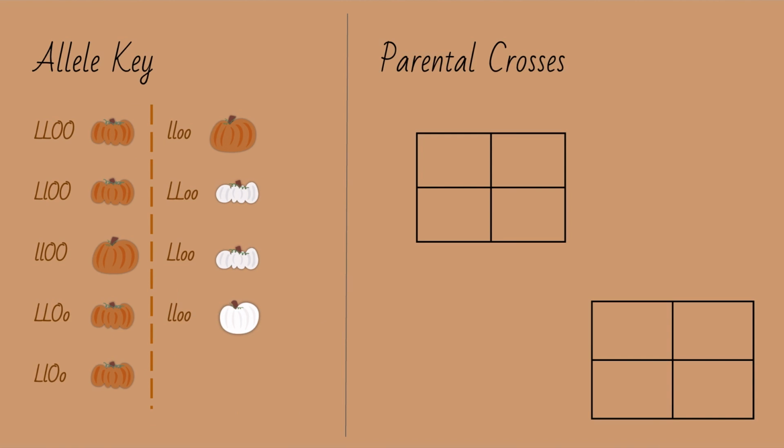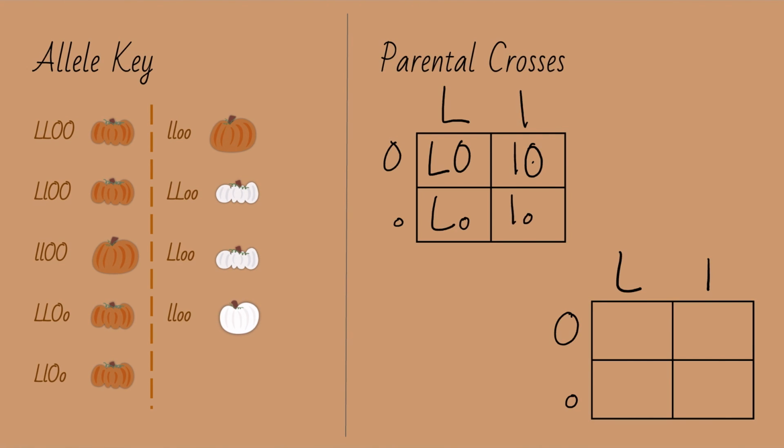Now, we're told that all of our seeds come from parents that are heterozygous for both traits. So let's go ahead and do our parental crosses. We honestly only really need to do one here because both of the parents have the same genotype.